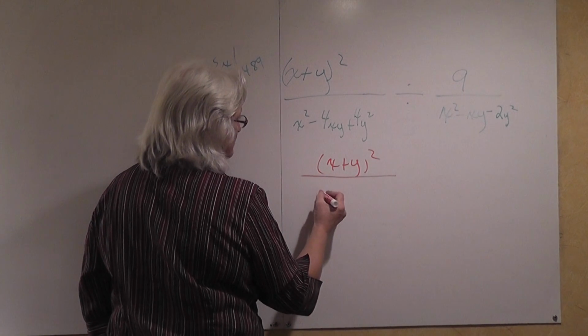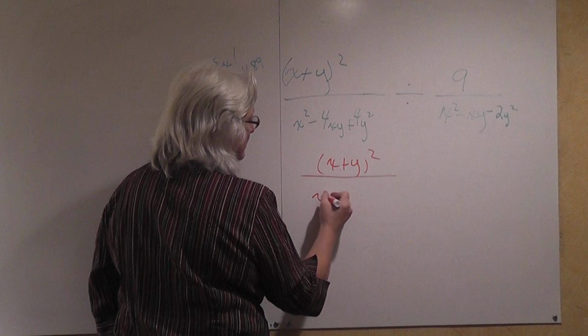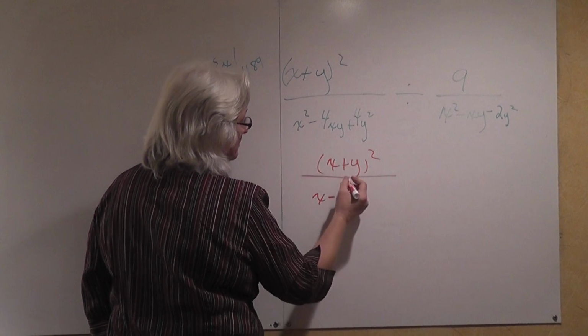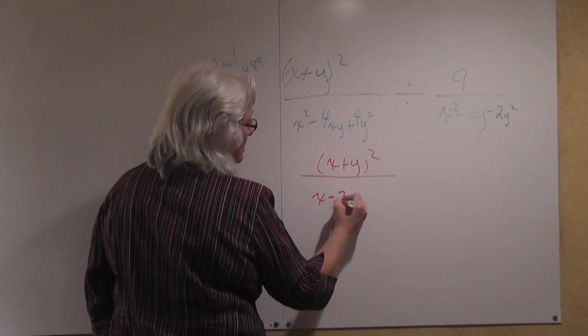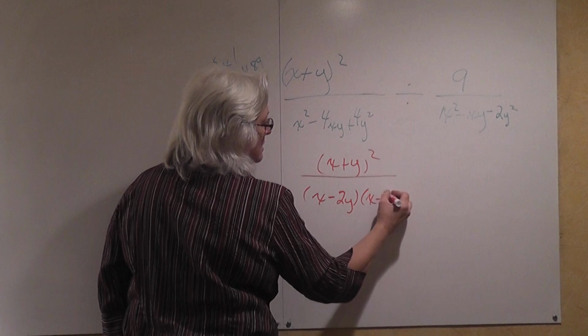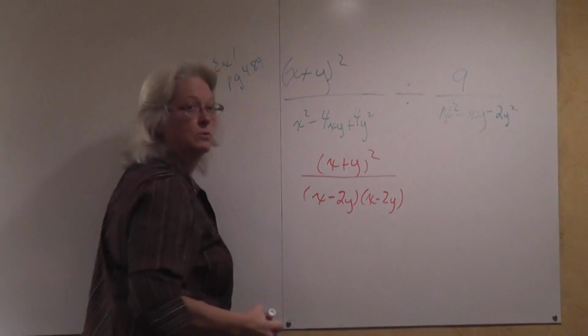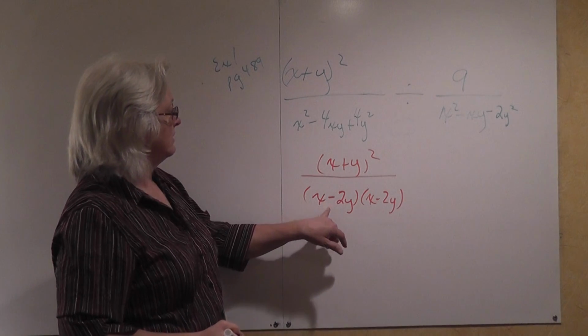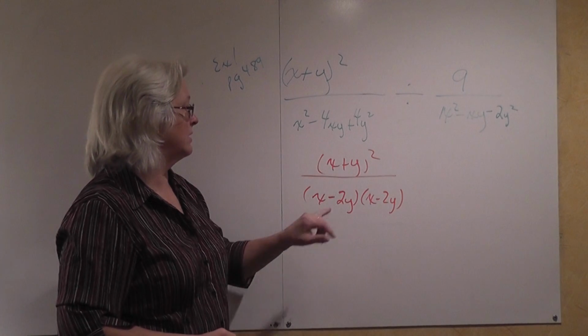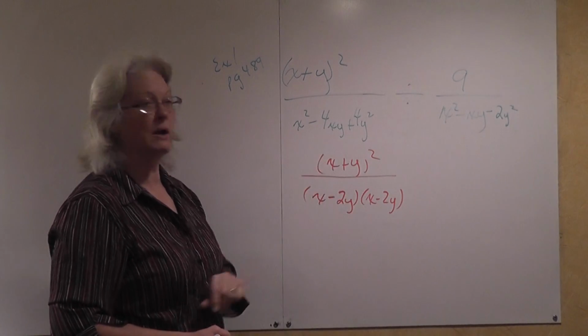It's a perfect square trinomial, but I'm going to write it x minus 2y times x minus 2y. Negative 2y times negative 2y plus 4y squared gives us a negative 2xy.